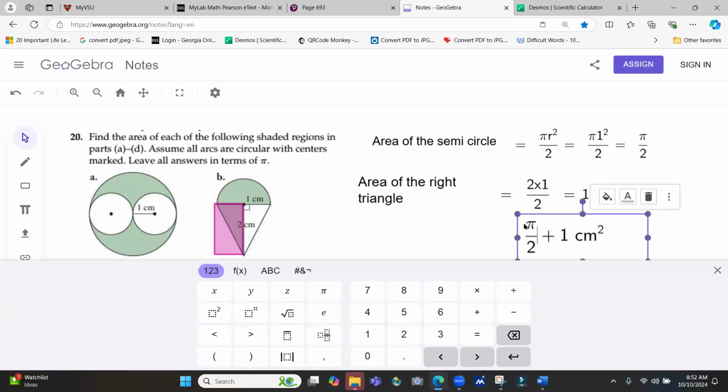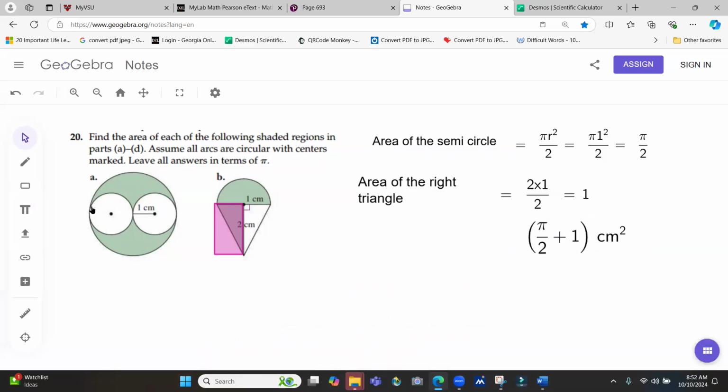And you can put a parenthesis if you really want to be proper. That's my answer. Final answer.